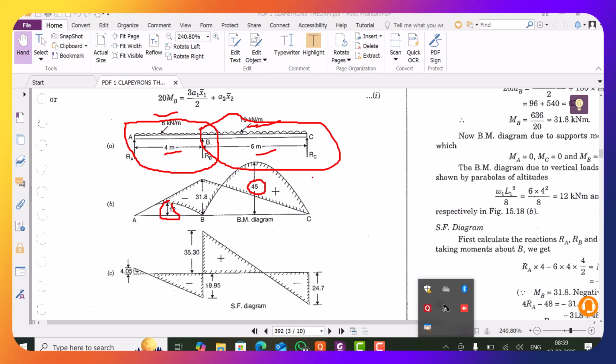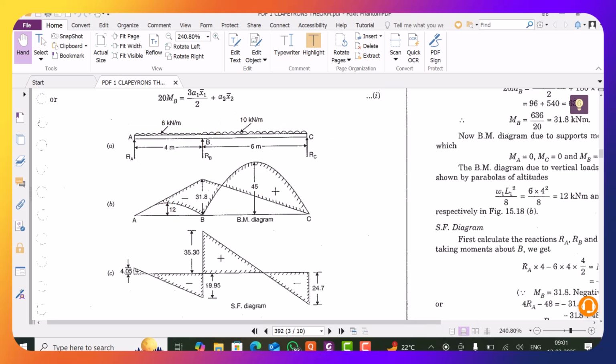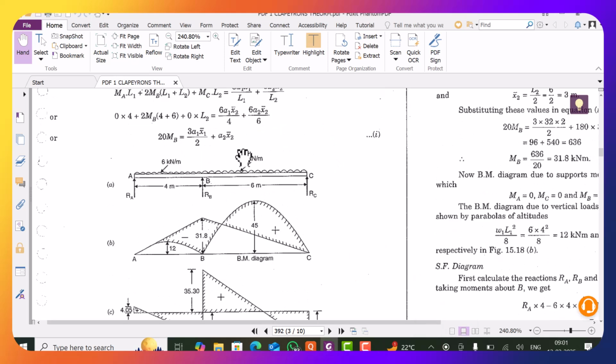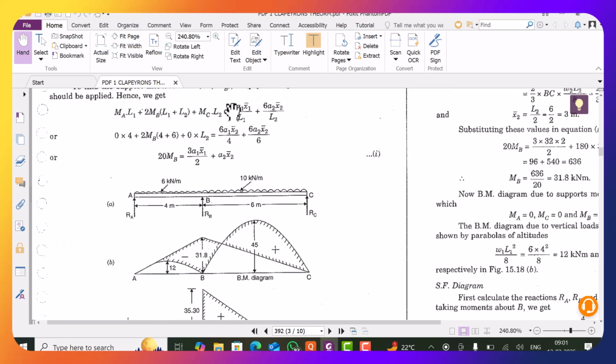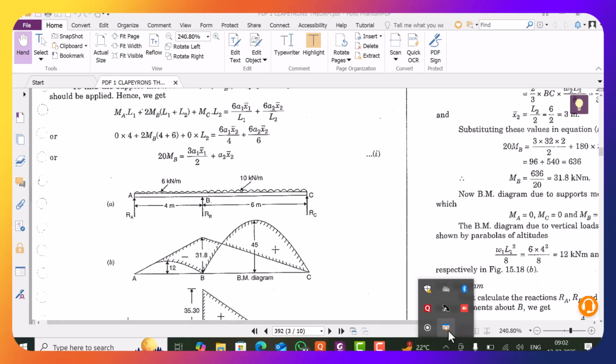Next step, as you all know very well, we have to calculate A1. A1 stands for the area under the bending moment diagram for span 1. This is the bending moment diagram, which is parabolic in nature. So this area A1 stands for the area under this bending moment diagram.